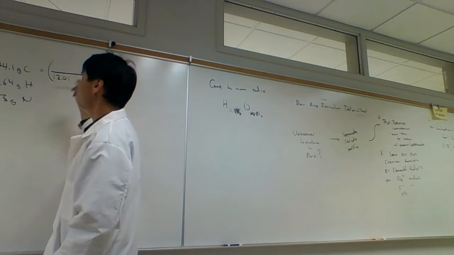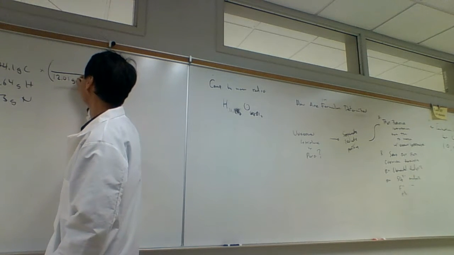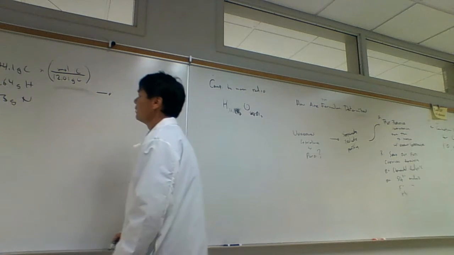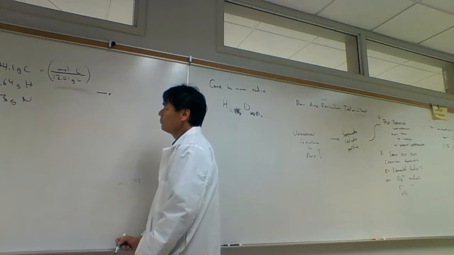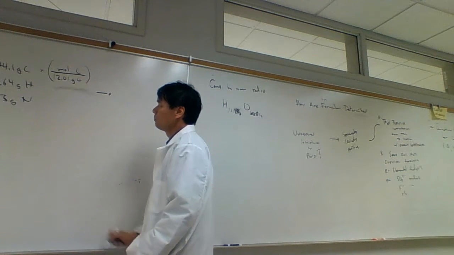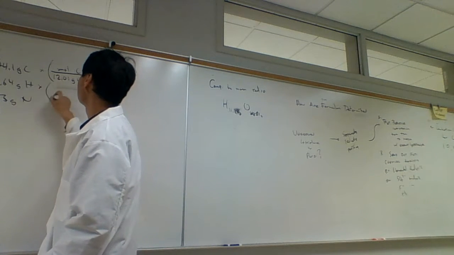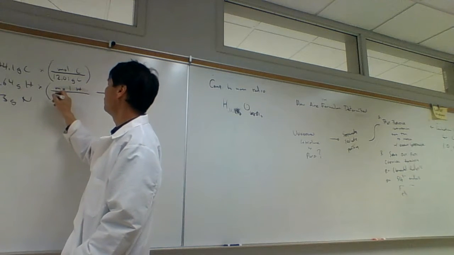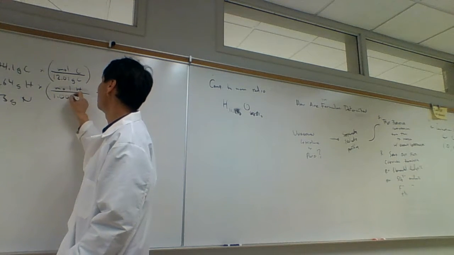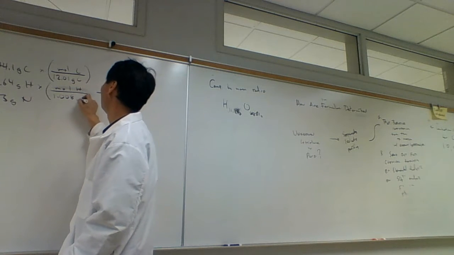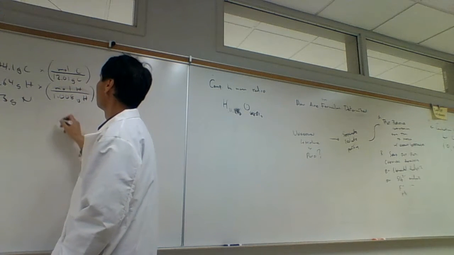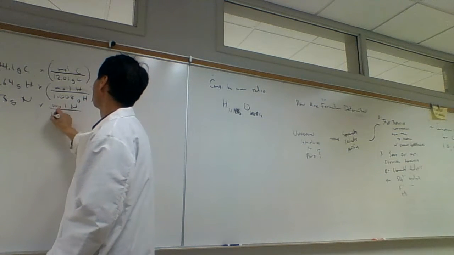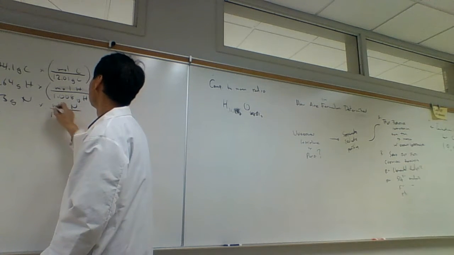There's 12.01 grams of carbon for every mole. And so a mole of carbon atoms weighs 12.01 grams. One carbon atom weighs 12.01 U. For hydrogen, a mole of hydrogen weighs, normally I use 1.01, but in this case I need more digits, so I'm going to use 1.008 grams of hydrogen. And for nitrogen, a mole of nitrogen weighs 14.01 grams.